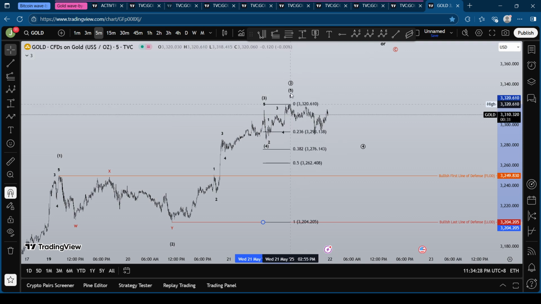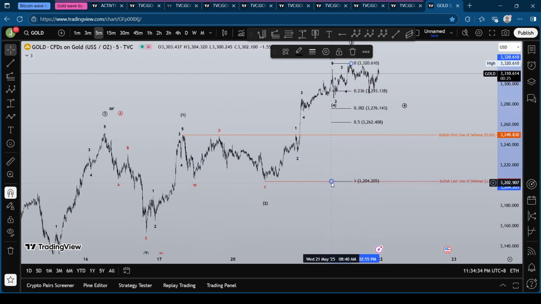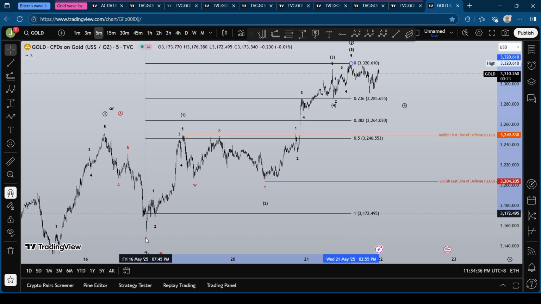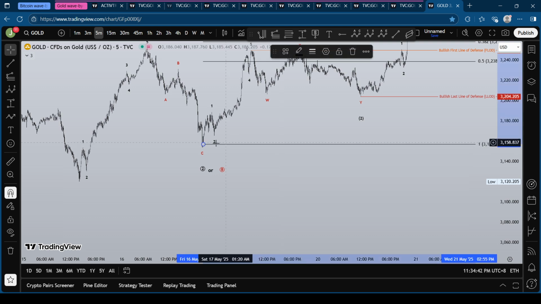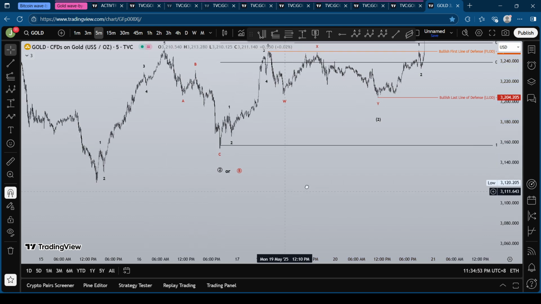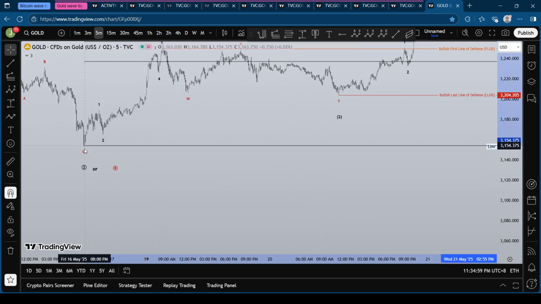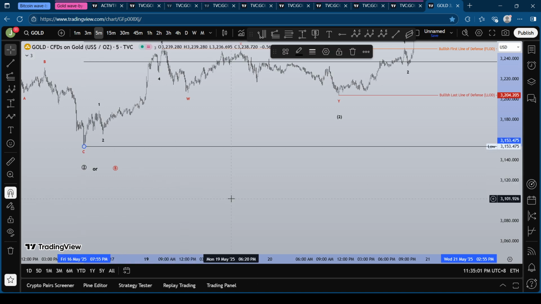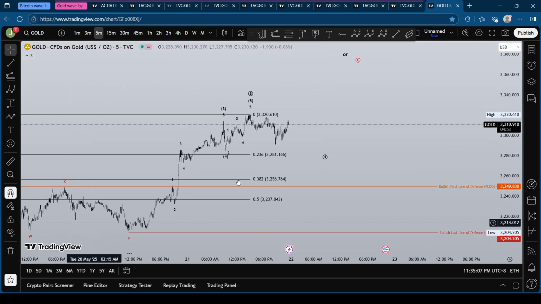That would be from the beginning of wave 2, this one, to the start of wave 3. In Elliott wave theory, make sure to use the magnet because we are particular, especially to the start and the end of the wave.